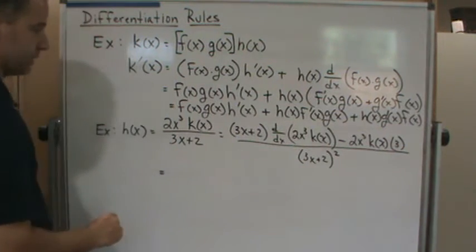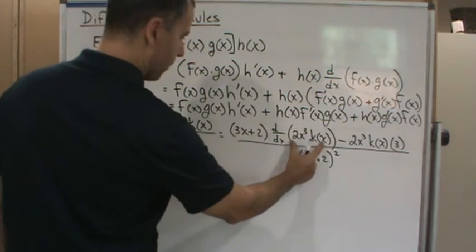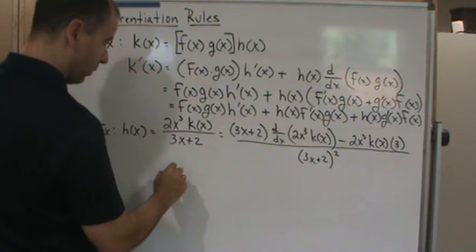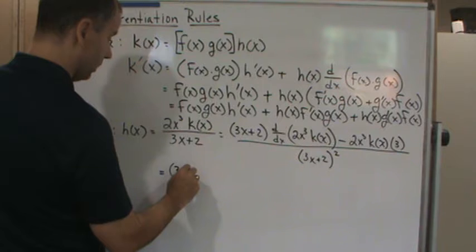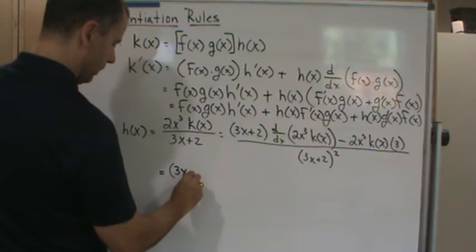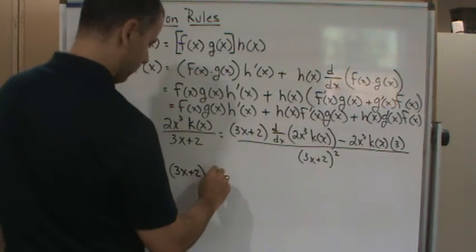And so now we're going to simplify, and here's where we're going to use the product rule. So this is going to be 3x plus 2.